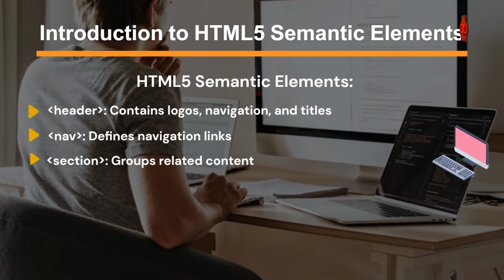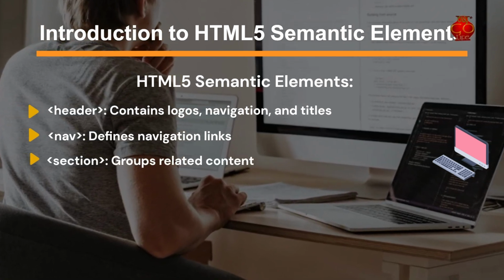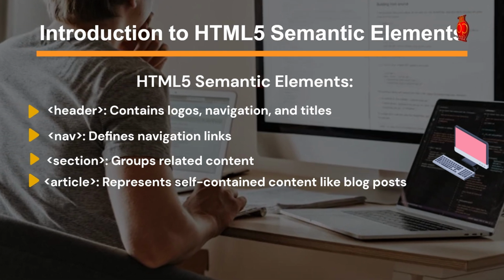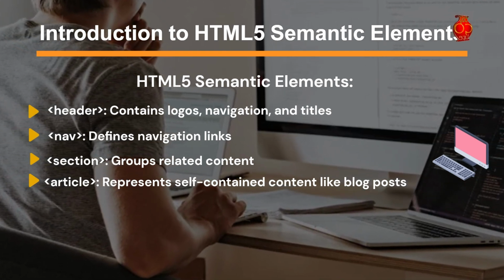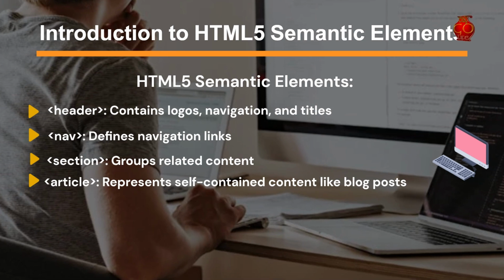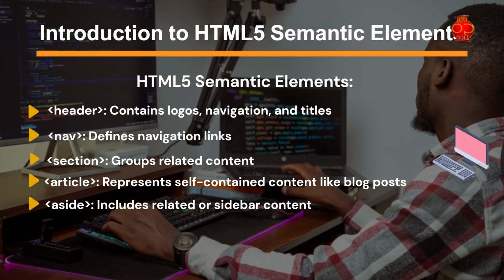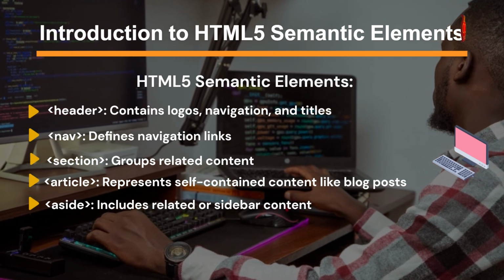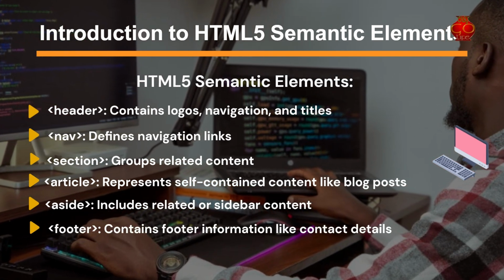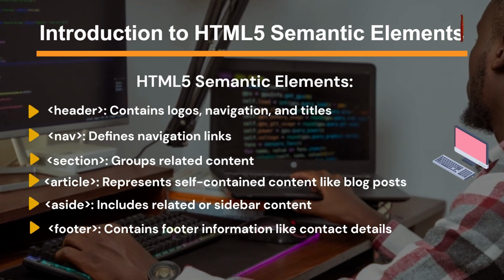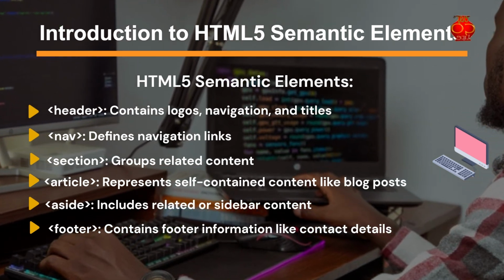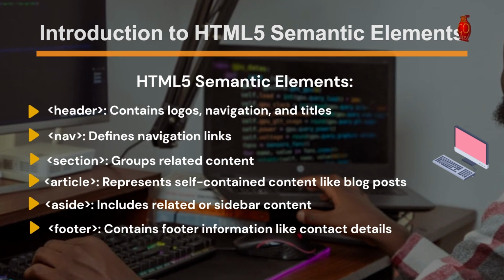Section tag groups related content together. Article tag represents a self-contained piece of content, like a blog post or news article. Aside tag contains content that is related to the main content but placed to the side, like a sidebar. Footer tag represents the footer of a page, typically containing contact information, copyright, or links.